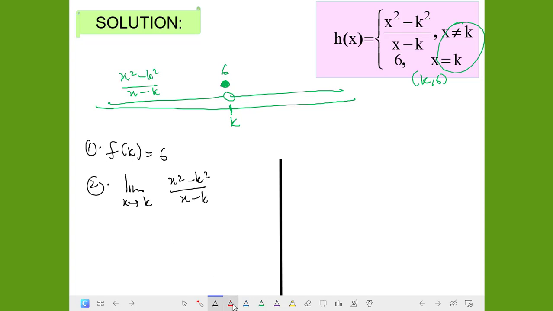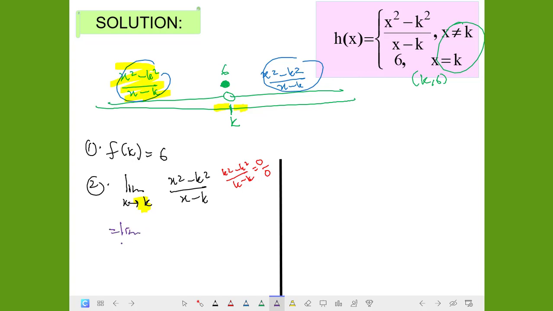Why? Because on the left and on the right, the function is equal. Just take when x approaches k. When you substitute, k squared minus k squared over k minus k is equal to 0 over 0, an indeterminate form. When indeterminate form, you need to factorize.